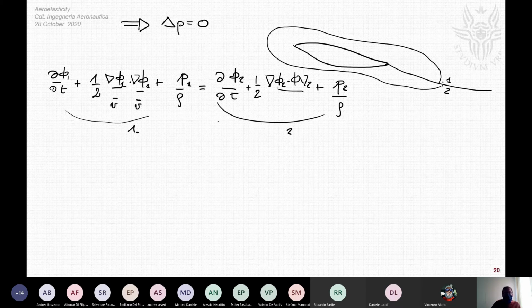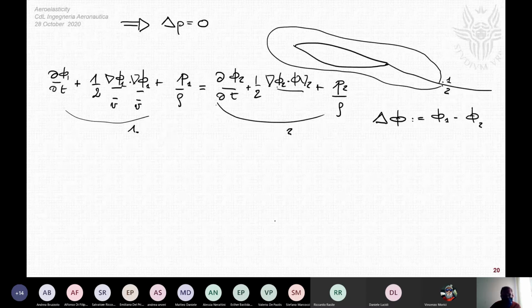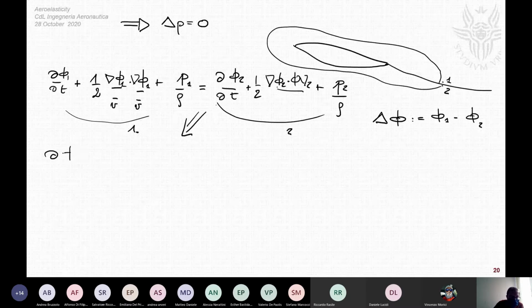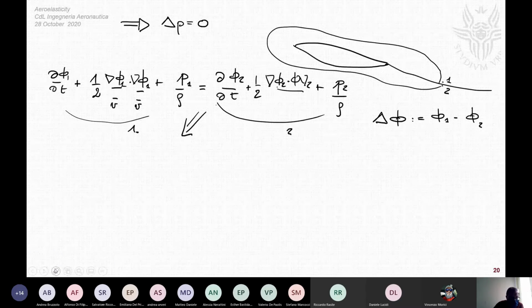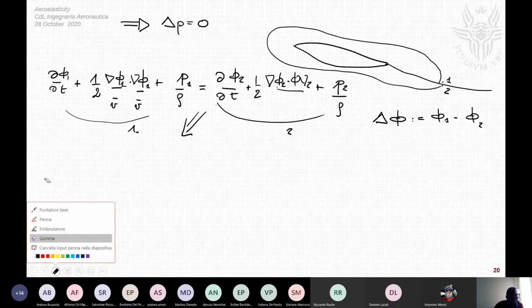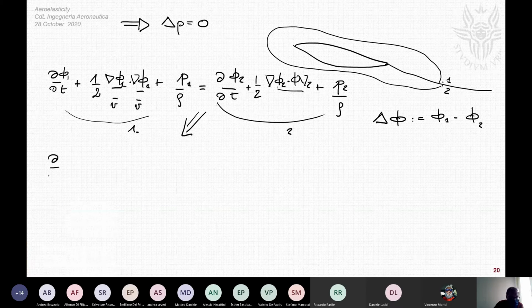So what is the consequence of this? If you introduce the delta phi quantity, defined as phi upper minus phi lower, then by this equation we have the time derivative of delta phi.